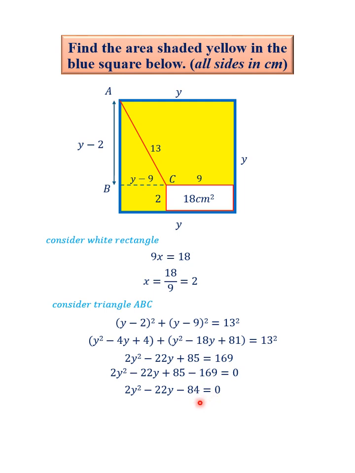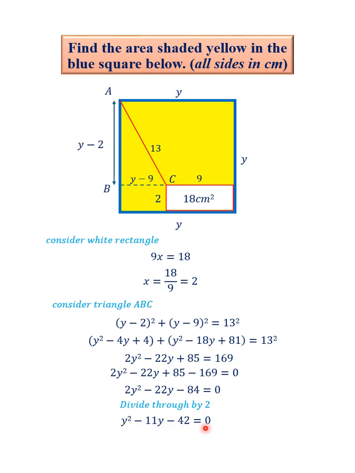And this is a quadratic equation. To make it simpler, 2 is common to each of the terms, so let us divide through by 2. If we divide through by 2, we are left with y squared. 2 into 22 will be left with negative 11y. 2 into 84 will be left with negative 42, and that is equal to 0, because 0 divided by 2 is equally 0.